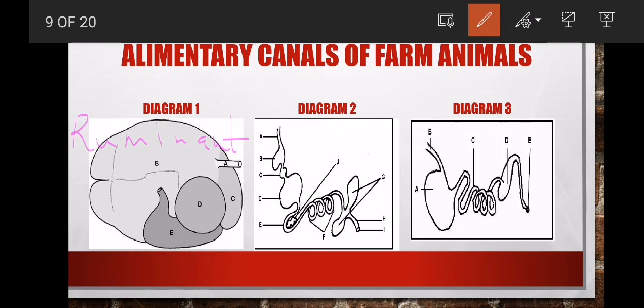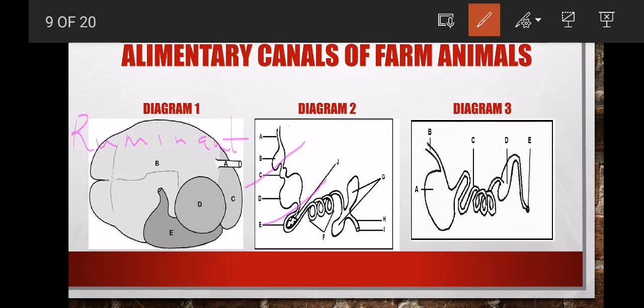Let's look at diagram 2. When you look at it, we focus on the stomach. We say this is 1 stomach, but then it's divided into 2. This stomach is divided into 2: a proventriculus and a ventriculus.